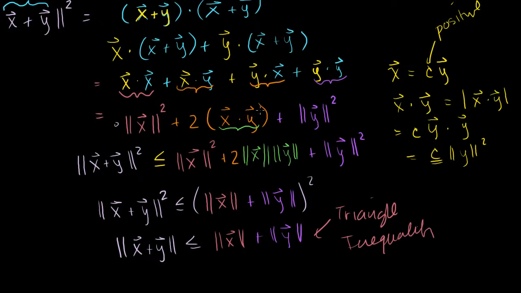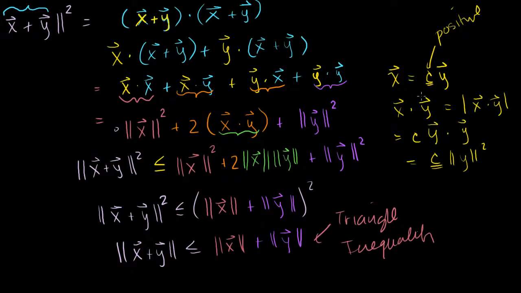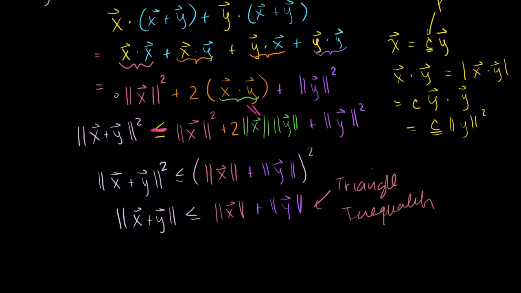Then I could say that x dot y is the same thing as the absolute value of x dot y, since this is positive. And if it's some scalar multiple of each other, then we could go down this other route. We could say that this is equal to that. If this is equal to that, then this would have become an equal sign, not a less than or equal to sign. And then we would have had the limiting case.